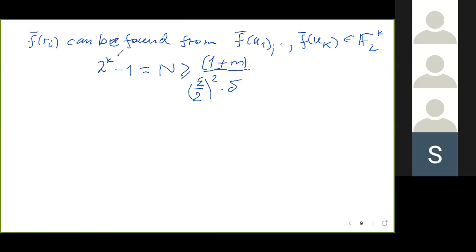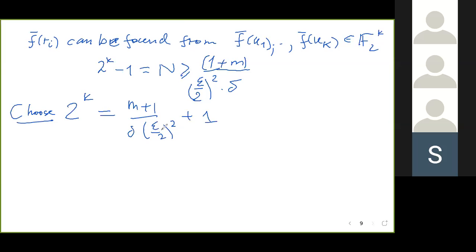So we can choose the parameter k so that 2 to the k is equal to this, m plus 1 over delta times epsilon over 2 squared plus 1. And it might happen that this is not a power of 2, but just take the closest power of 2.